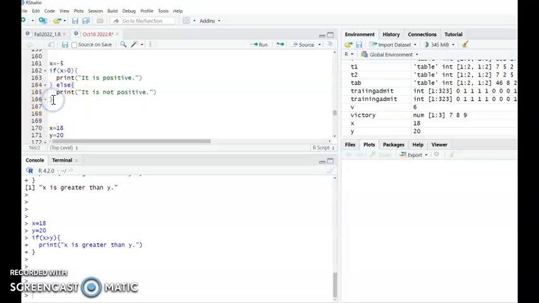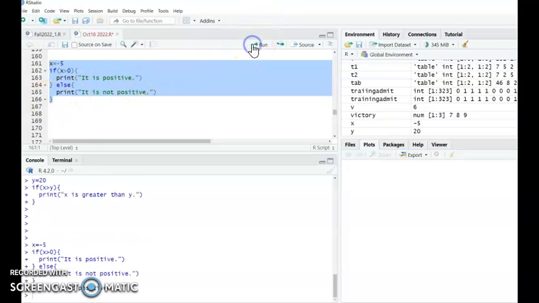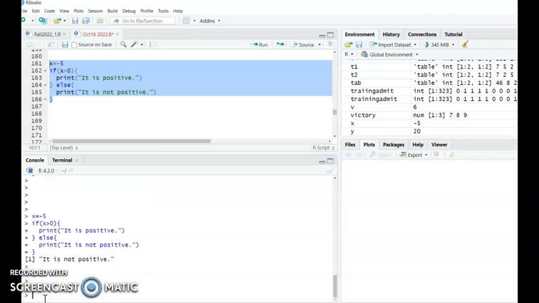And that's it. Now we have if-else statement, and you see you have now more power to communicate with your computer with R. So now when I run it, I have something on the console because it is positive or not positive. So I should have some answer on the console. So I run it and I get the answer. Since it is -5, it says it is not positive.